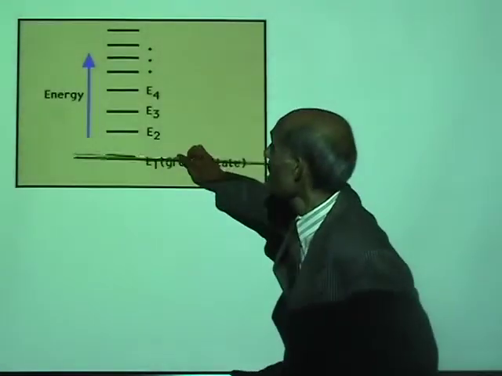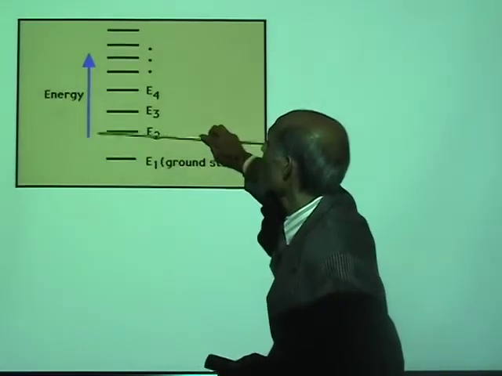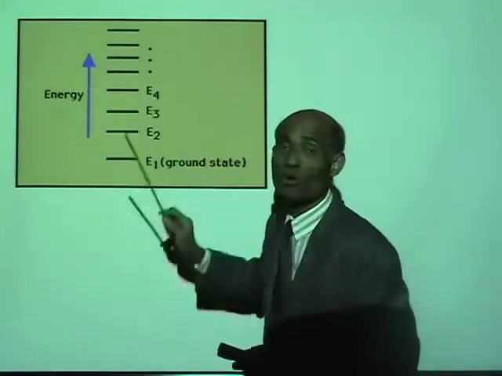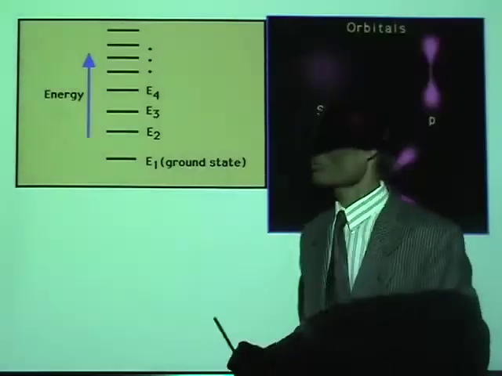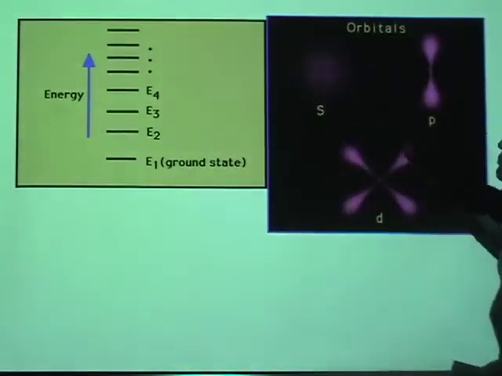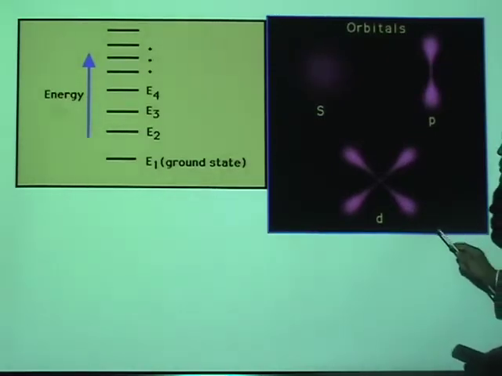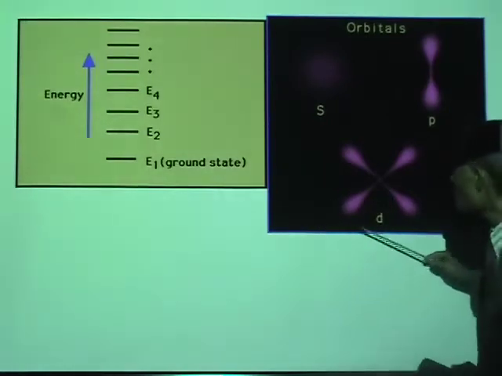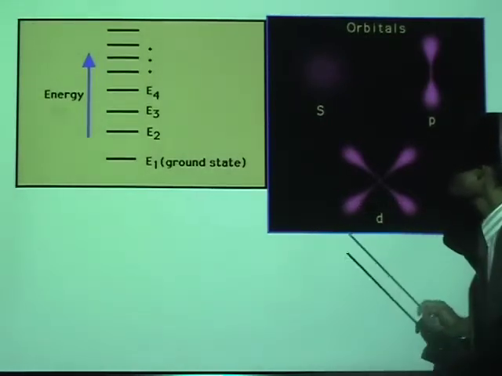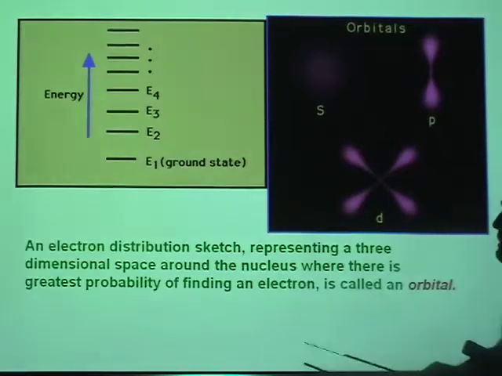So here, each of these principal energy levels, E1, E2, E3, E4, and so on, are now made up of subshells. Here, this is an orbital, the picture of an orbital. An orbital is a three-dimensional space where the probability of finding an electron is maximum.